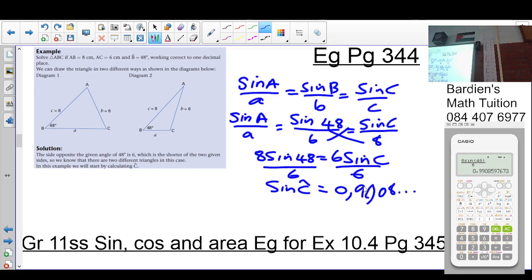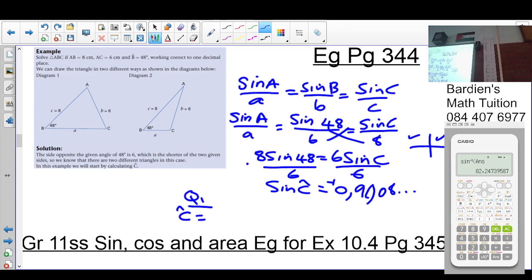We ask ourselves again, in which quadrants is sine positive? Quadrants 1 and 2. If it's acute, it's quadrant 1. So we do shift sine of that ratio and get 82.25.